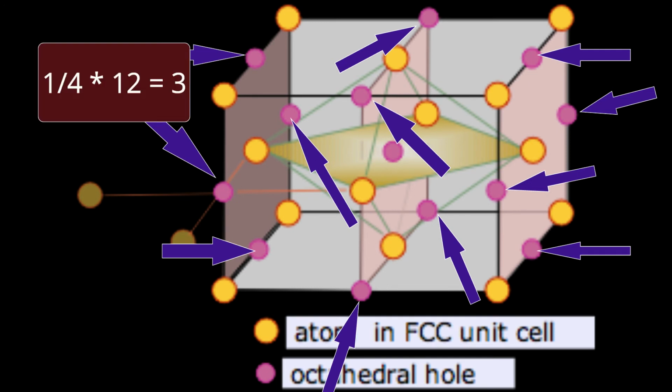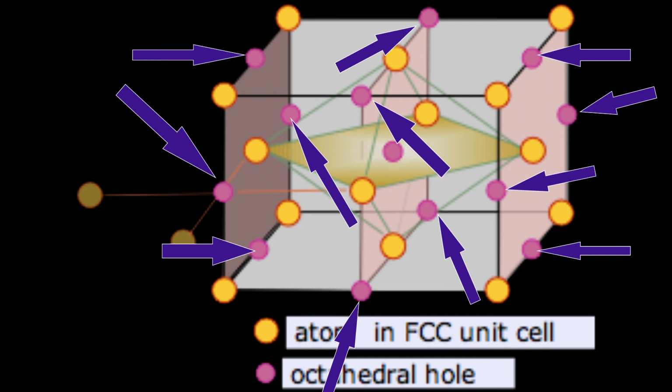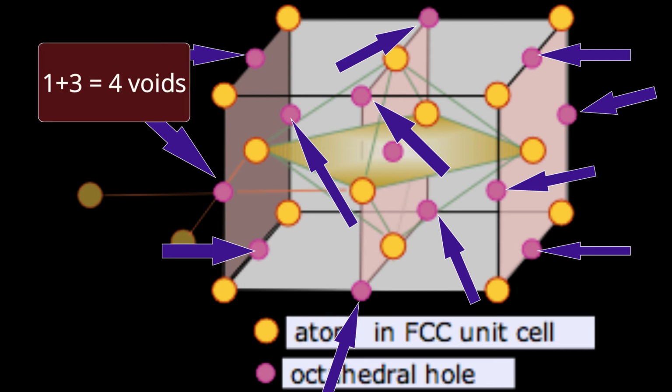So how many voids can such pink atoms contribute? 1 upon 4 into 12 is equal to 3. And one more was there at the center. So the total number of voids from the volume point of view will be 4: 1 at the center, and the remaining 3 are due to the 12 voids existing at the center of the edges.